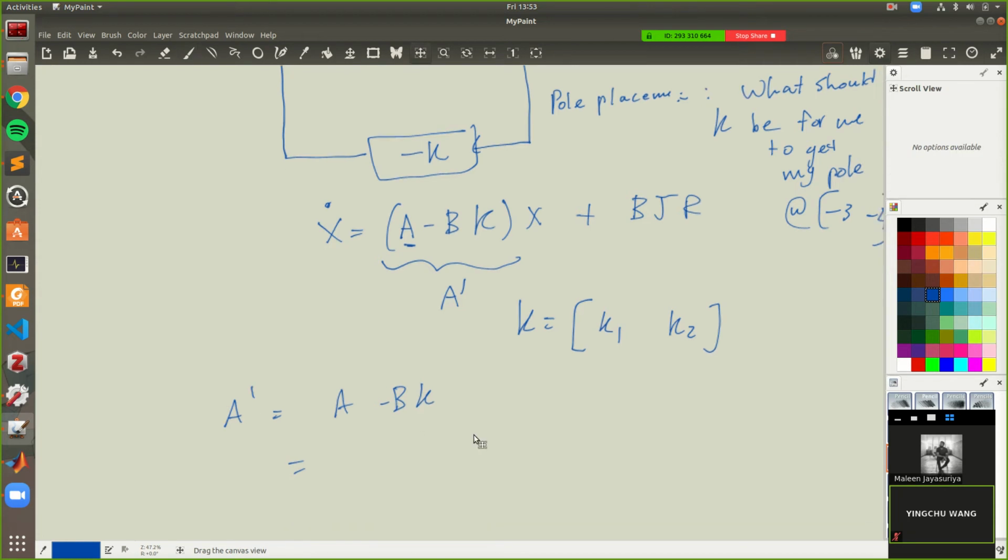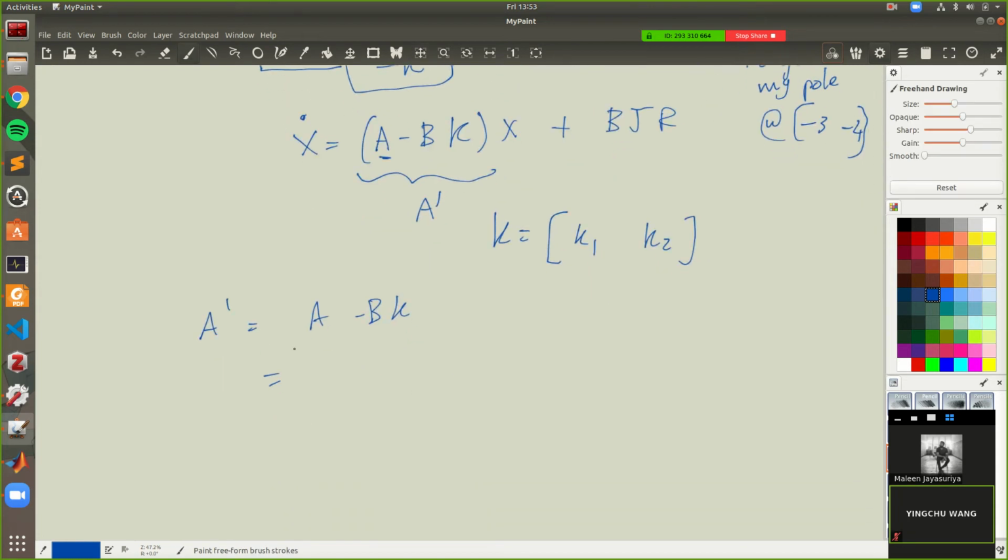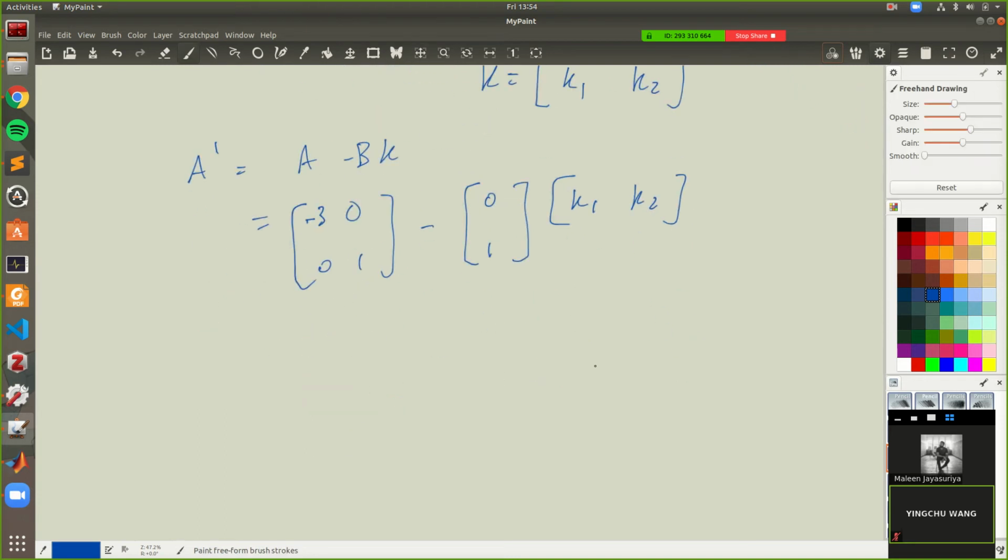Can someone tell me what A is again? -3, 0, 0, 1. And then you have B, which is 0, 1, times k1, k2. We do this part and equate the poles to -3, -4.